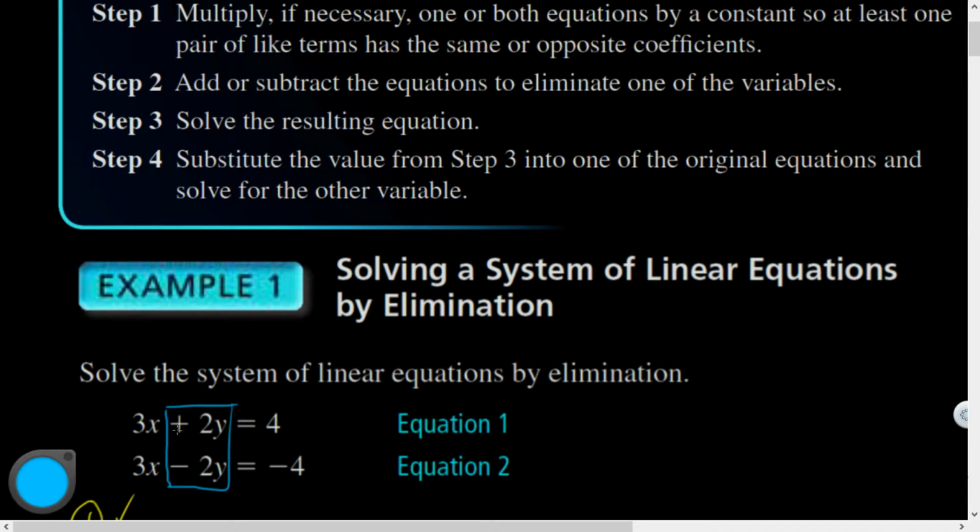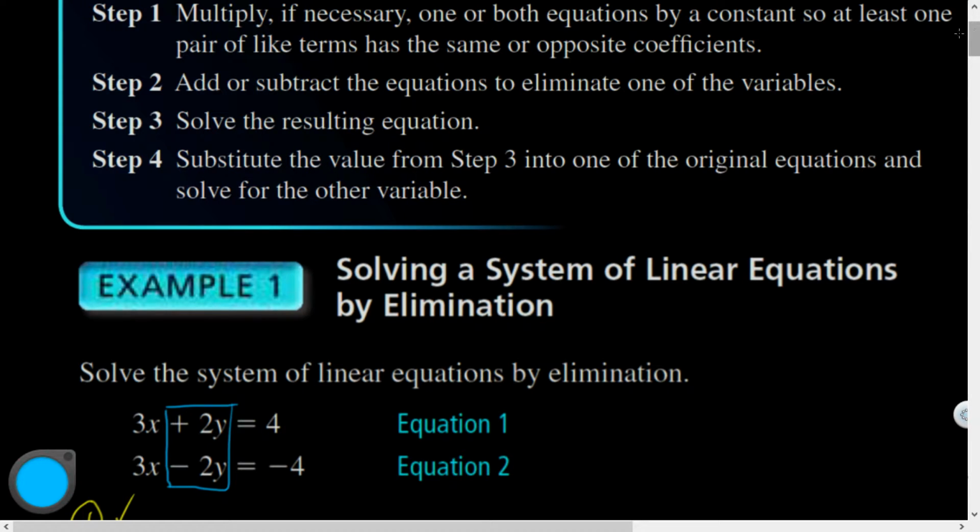In this first equation, it's 2y. In the second equation, it's negative 2y. So the coefficient is the positive 2 and the negative 2. So these are opposite coefficients, and so step one is done for me. All right, my goal is to have two of my variables have opposite coefficients, and that's done. All right, so step one done.